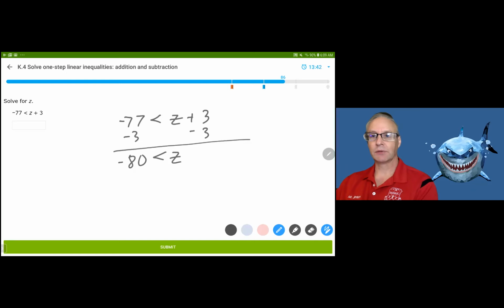It's fine. The problem is when you start drawing your graphs or writing your interval notation for the solutions, you're going to get them the wrong way, almost for sure. So a really good idea is to be able to rewrite it as z is greater than negative 80. And now, if you were to graph it, it'll be in the right direction.